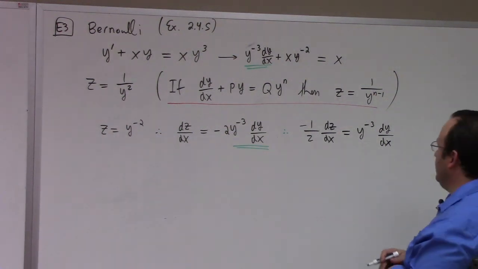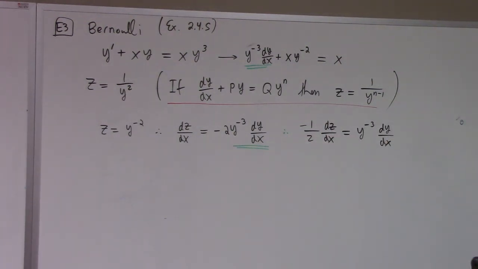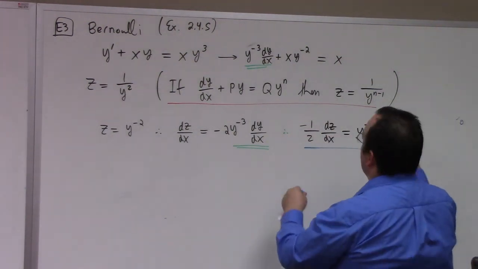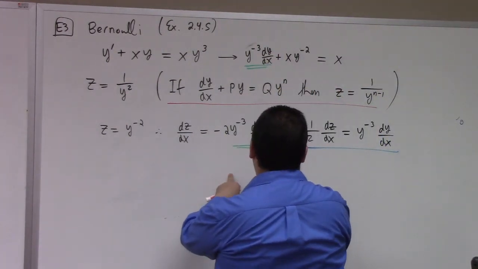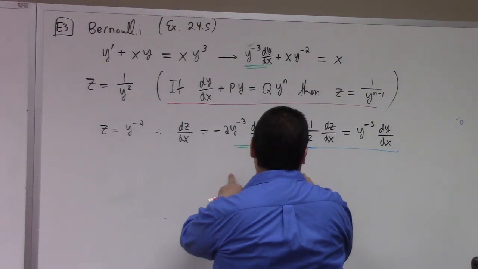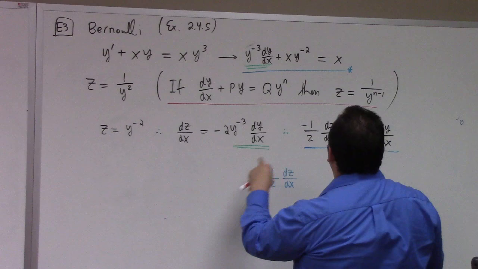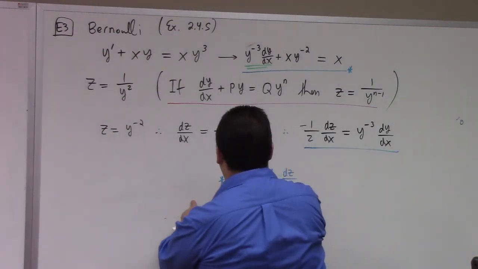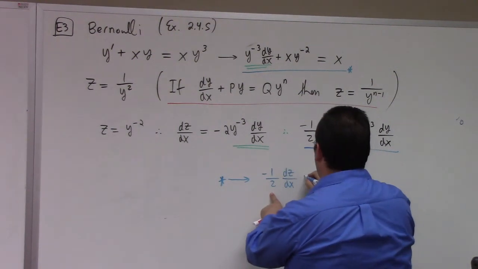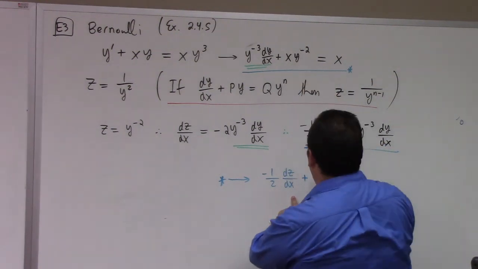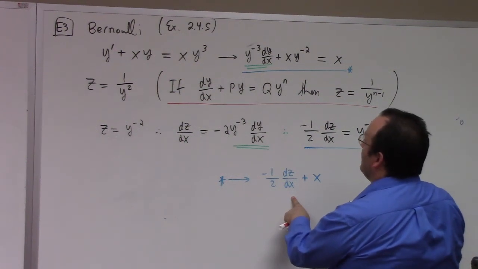All right. So we just earned the right to make the substitution. That's really minus 1 over 2 dz/dx. So I'm taking this, and star becomes minus 1 over 2 dz/dx plus x times y to the minus 2. Oh, right, this is z.